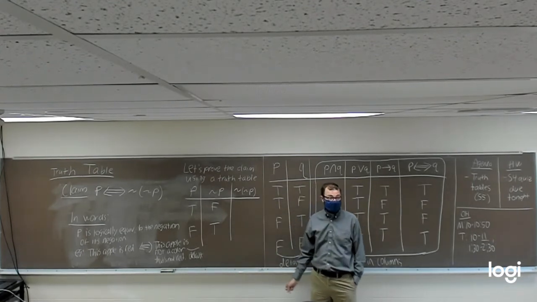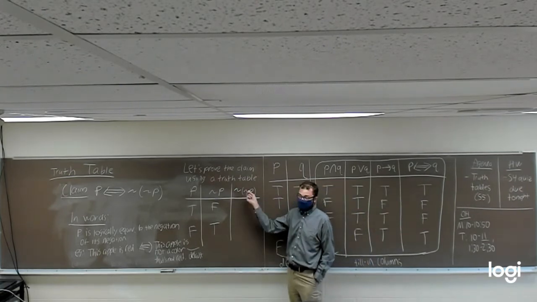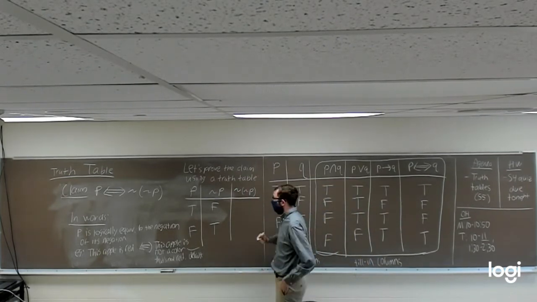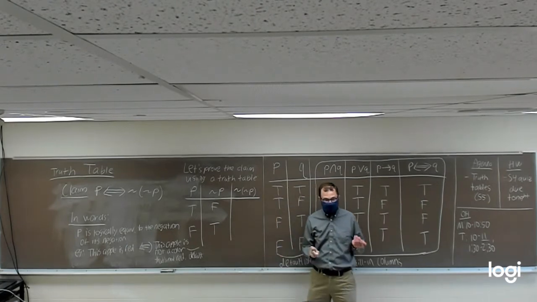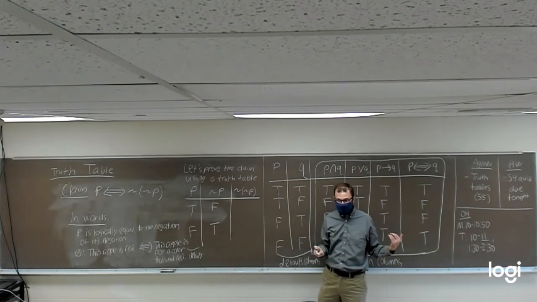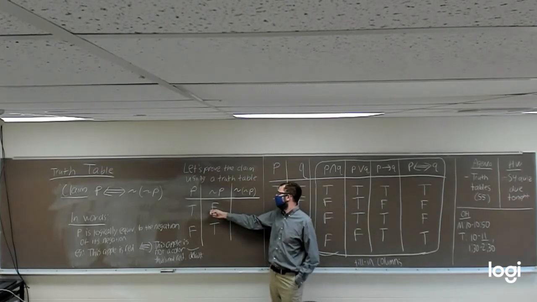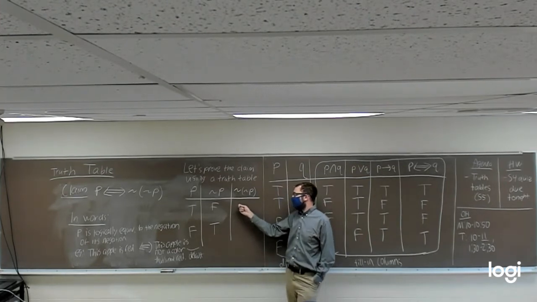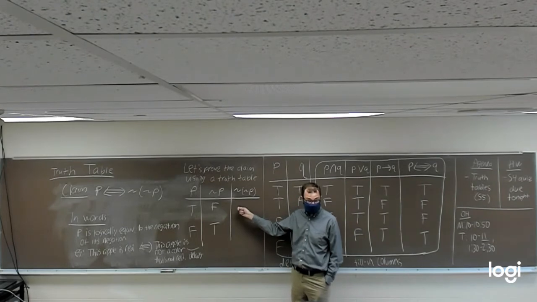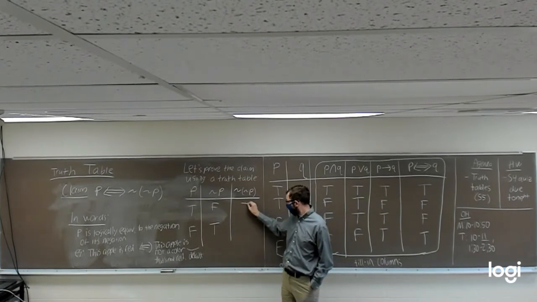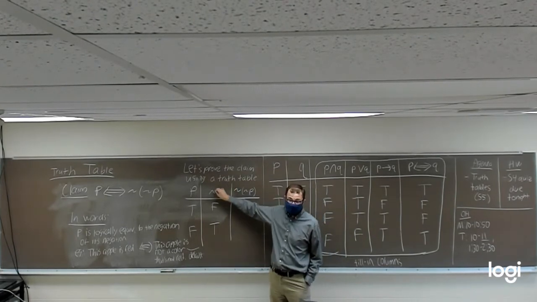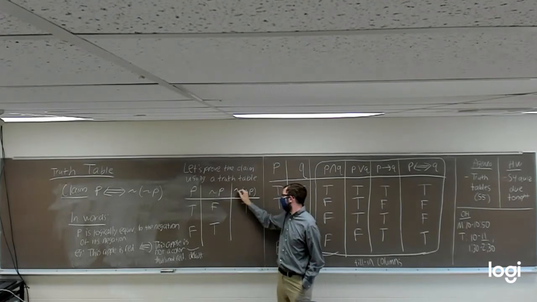And now I claim we can fill in negation of negation of P using what we know about negations: if the original thing is true, the negation has to be false, and if the original thing is false, the negation has to be true. If negation of P is false, what do we fill in for negation of negation of P? True. Yeah. Since this column is just the negation of the last column, if the last column is false, this column has to be true.